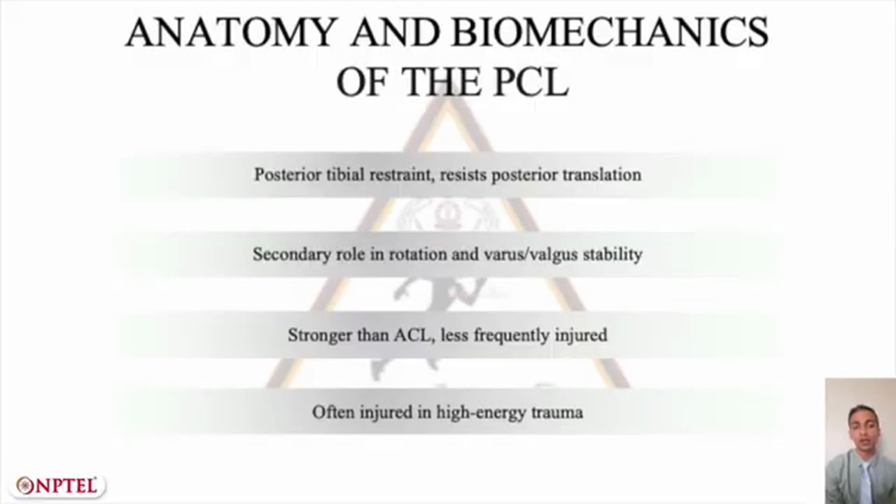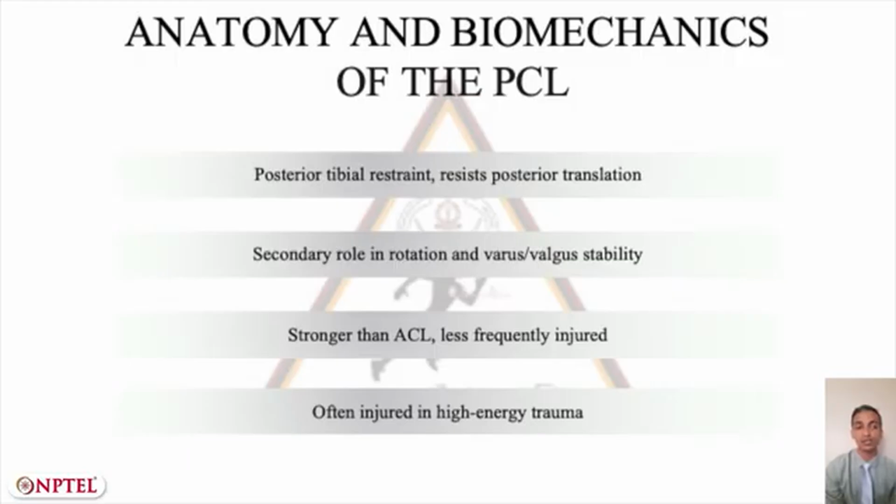Now let us recall the lessons on anatomy and biomechanics that we studied in week 1. The posterior cruciate ligament, or the PCL, is the strongest ligament in the knee. It prevents posterior translation of the tibia relative to the femur.